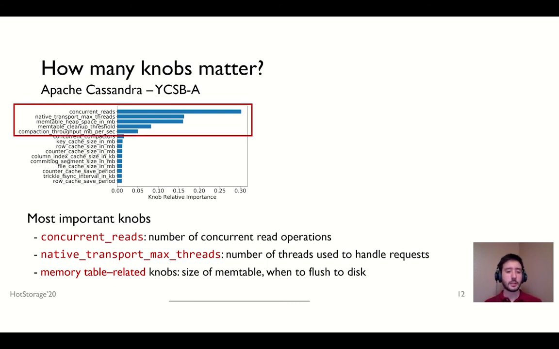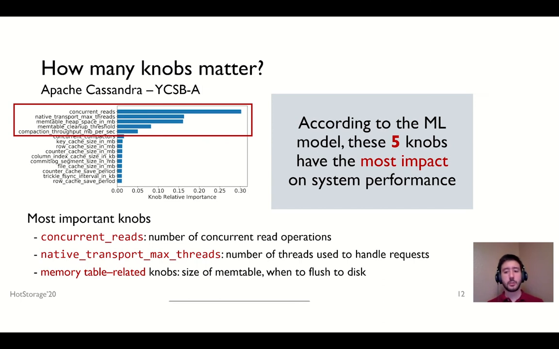We can observe that only 5 knobs have really high importance scores, and these knobs correspond to controlling the number of threads for reading operations, and also the number of threads for handling user requests, and finally some knobs that are related to the memtable behavior. So according to our machine learning model, these are the 5 knobs that affect the performance the most.